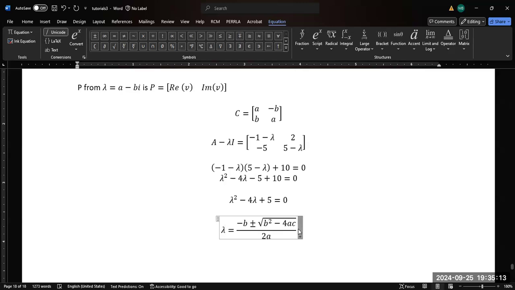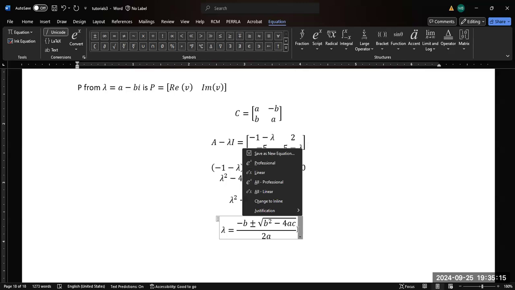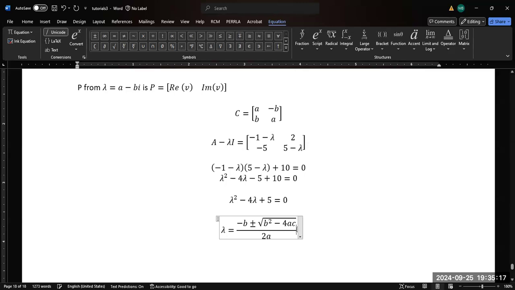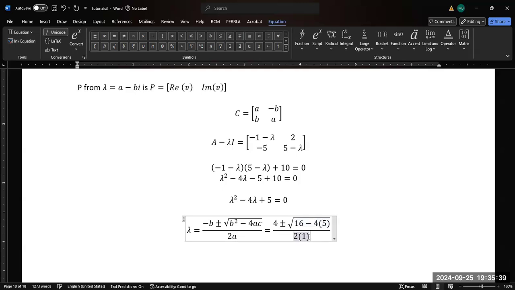When we plug everything in, b is going to be -4, so that's going to be 4 and so 16, and this is going to be 20, and that's just a 1.